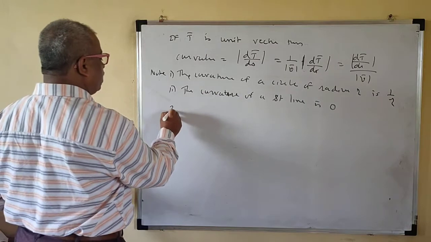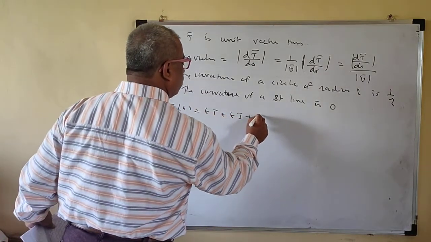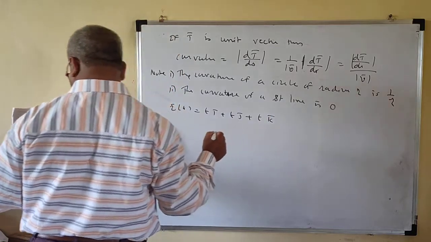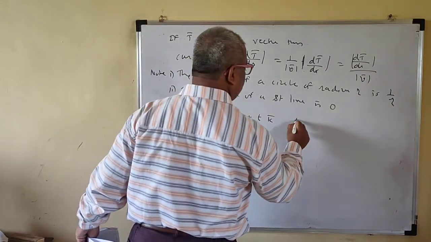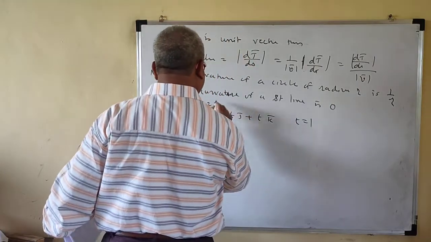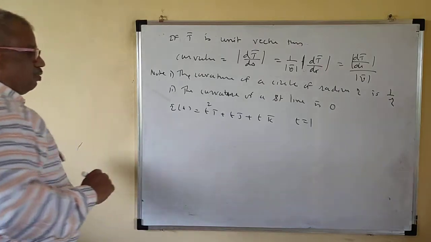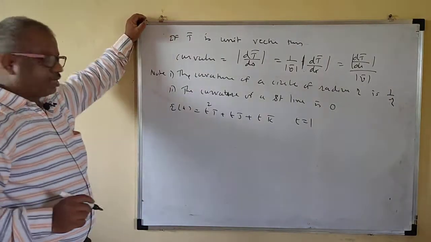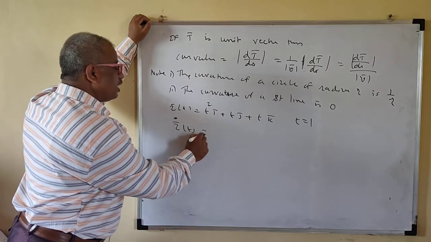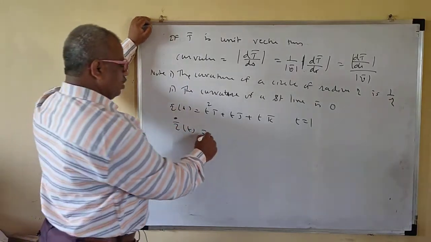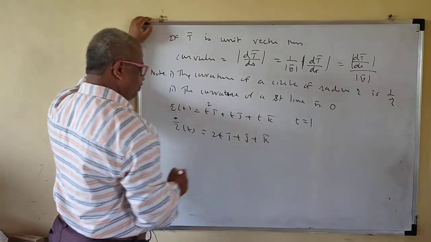Suppose r bar of t is equal to t i bar plus t j bar plus t square k bar, at t equal to 1. So what is the unit tangent vector? For the unit tangent vector, you have to find r bar dot of t. That means you have to find the derivative of this one, which is 2t i bar plus j bar plus k bar.